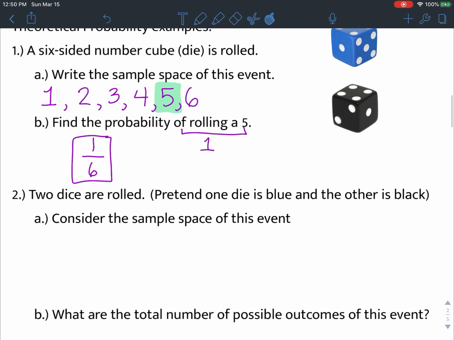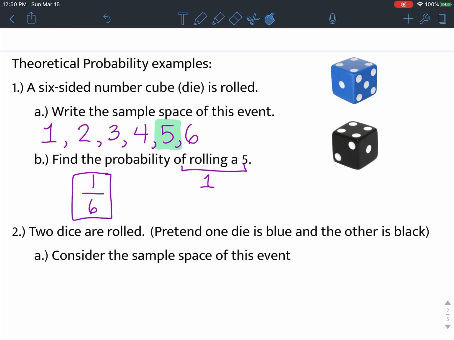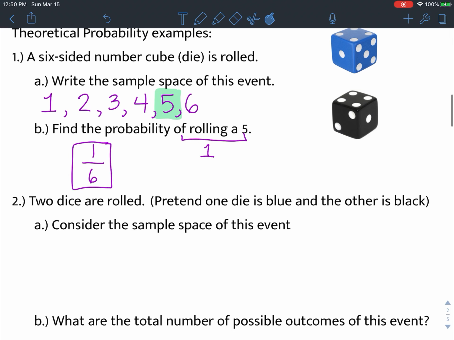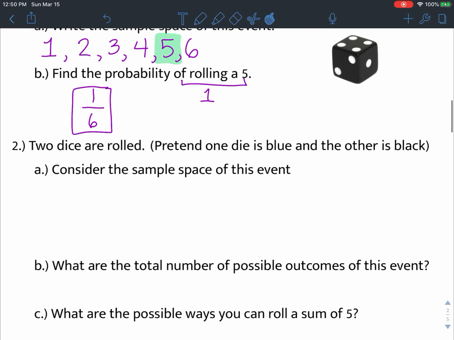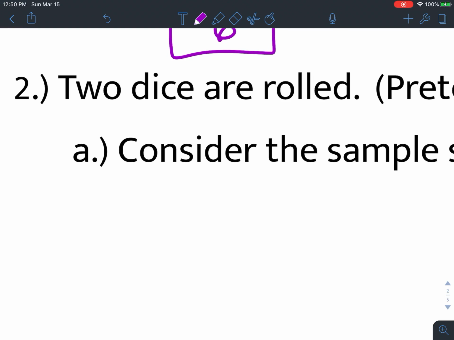Okay, now let's consider that 2 dice are rolled. Pretend one die is blue and the other is black, like these pictures here. Consider the sample space of this event. I didn't want you to write the sample space of this event because that would be an awful lot to write. But let's think of some of the things that could happen.